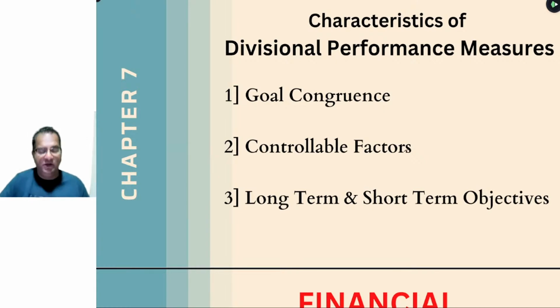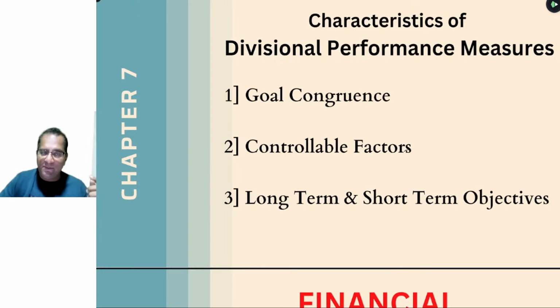Okay, beta? Let's go. So this is the very basic point regarding all the performance models, whether you are studying the financial model or the financial and non-financial model or the social and environmental model, the triple bottom line. So let's start with the very first type of performance measure, that is the financial model.